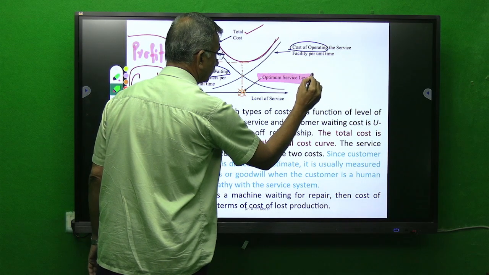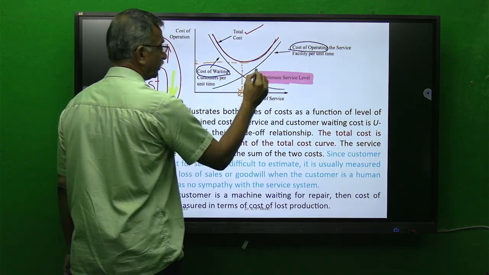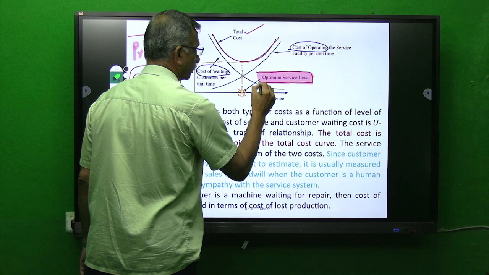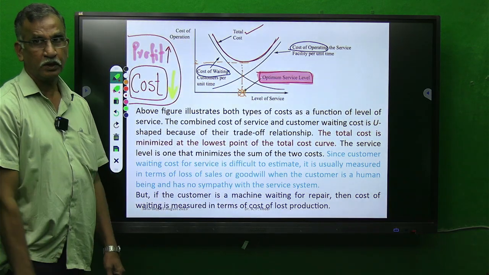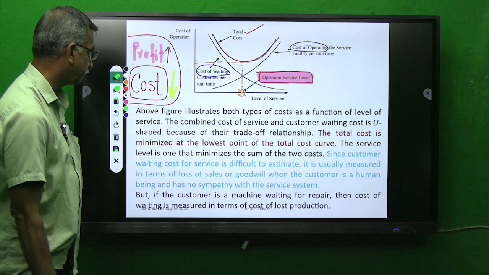So as a decision maker, as a designer, our intention should always be to go for this optimum service level. That is what one has to understand.